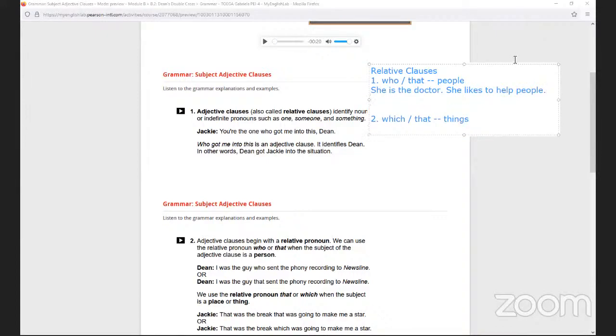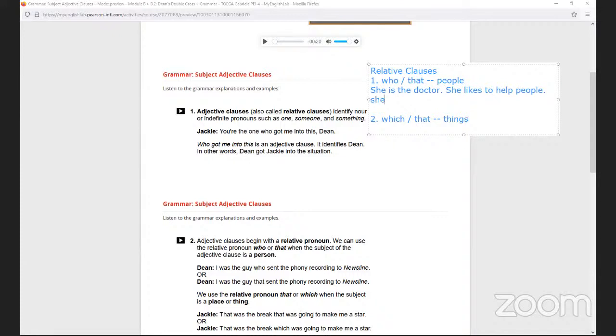Okay, so here, as you can see, we have two sentences, right? She's the doctor. She likes to help people. But how can I join these two sentences in only one? Because I am repeating she, okay? I will use this relative clause in order to join these two.